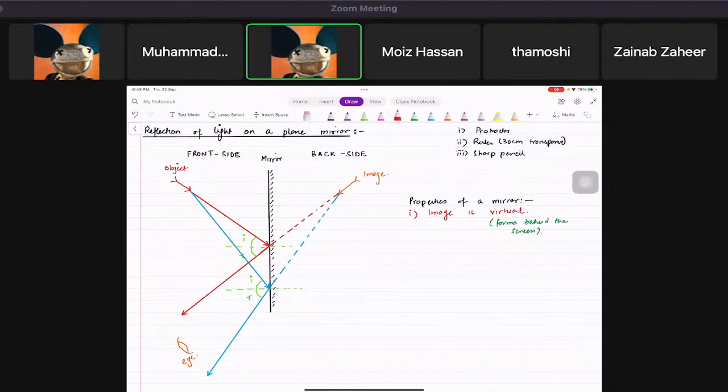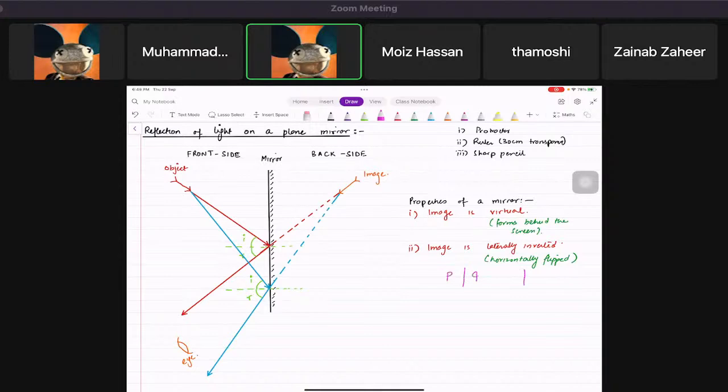The other thing is that the image is laterally inverted. Laterally inverted means horizontally flipped. Horizontally flipped means that on a mirror, if you see P, the P is going to look like this.